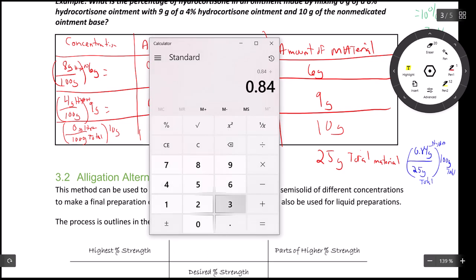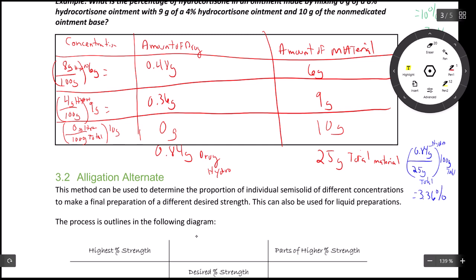This is hydrocortisone. So there's 0.84 in 25. How much is there in 100? 3.36. This is 3.36%, is what it would be. Okay. So that's alligation media, what we did.